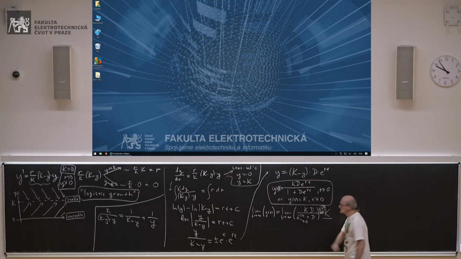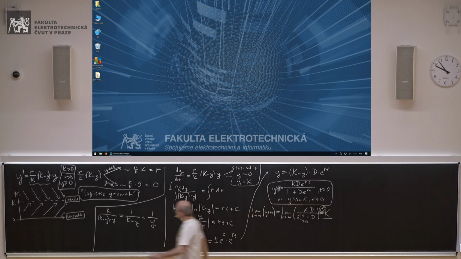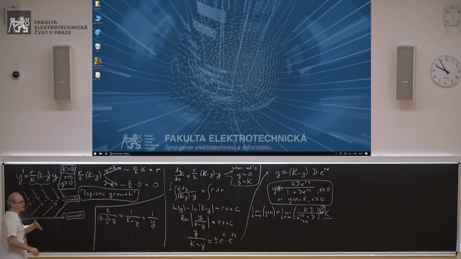That's important to notice. So, here is the conclusion. We have one exceptional solution, which is the 0 solution. This is the unstable equilibrium. But as soon as some solution is away from 0, which means d is non-zero, then all the solutions at infinity tend to k. So this picture sort of seems to be confirmed.